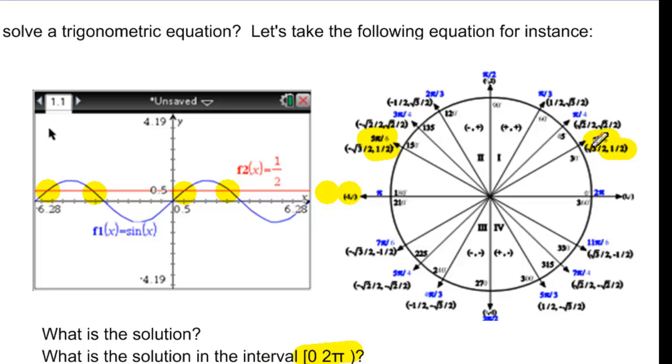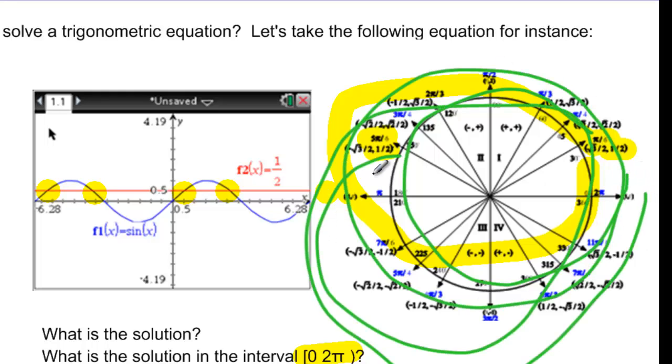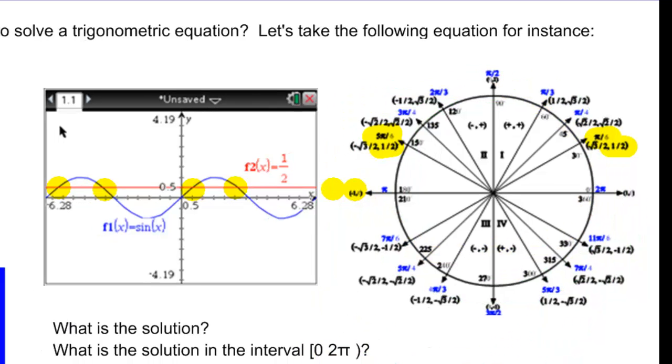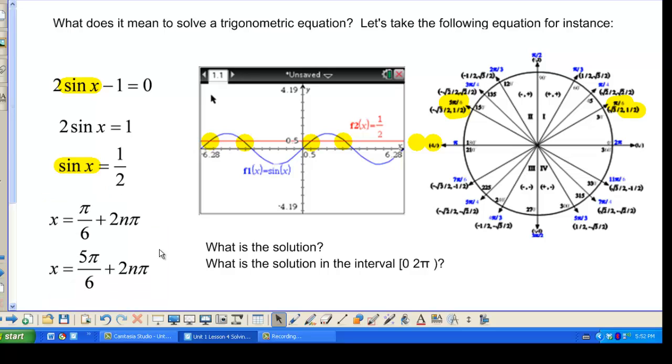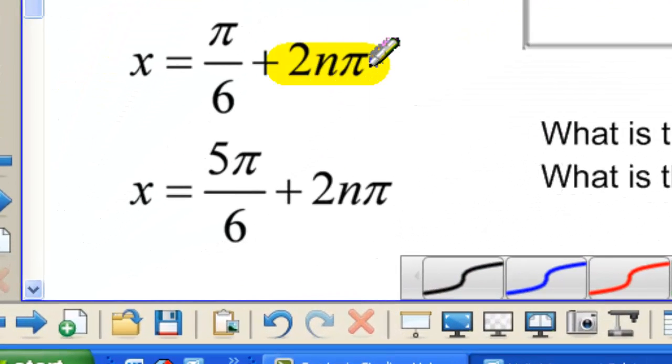But it's also every single revolution that also gets me to pi over 6. So every revolution this way, and then every revolution in the opposite direction, and the same is true for 5 pi over 6. So how do I denote that algebraically? I denote it by saying x is equal to pi over 6, which is an angle in the interval from 0 to 2 pi, plus 2 pi n, or 2n pi.